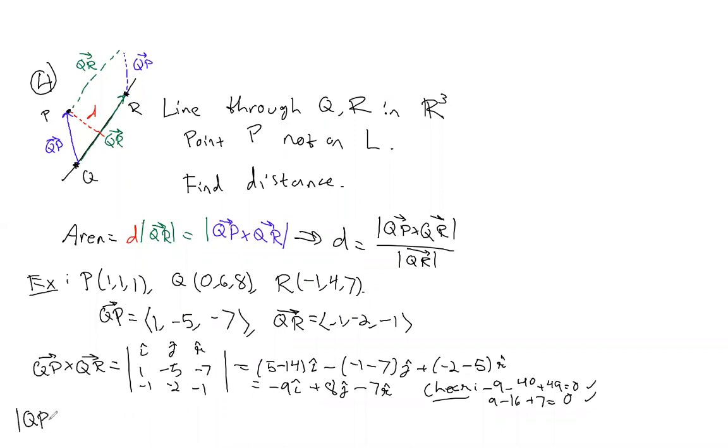So the magnitude of QP cross QR is going to be the square root of 81 plus 64 plus 49, or in other words, 80 plus 50 is 130. 130 plus 64 is 194.